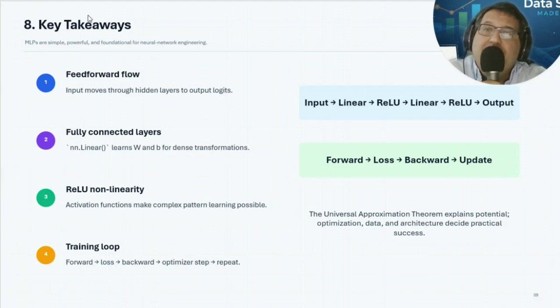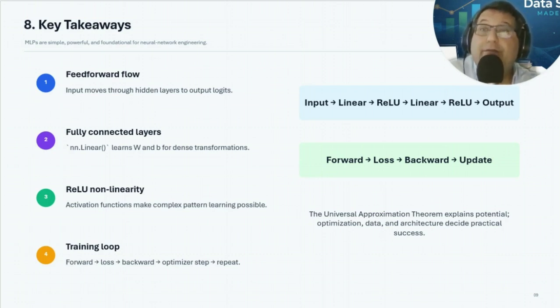PyTorch's nn.Linear learns both a weight matrix and a bias vector. These parameters determine how information is transformed from one layer to the next. Third, we need nonlinear activation functions. ReLU is a classical example. Without nonlinearity, stacking multiple linear layers would not give us the expressive power we associate with deep neural networks.